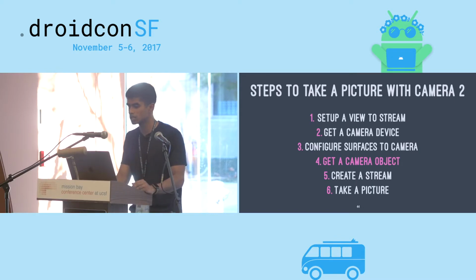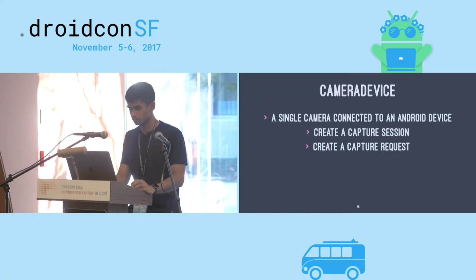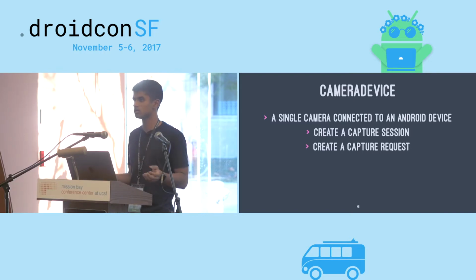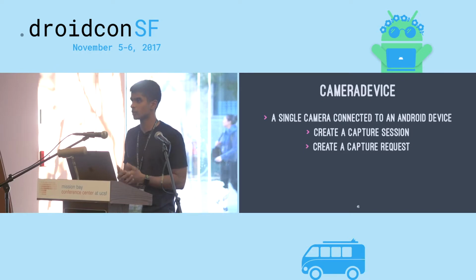Once that's ready, you want to get the surface for the image reader for the next step. So next, we want to get a camera object. When we get a camera object, it's basically a camera device. It's a single camera connected to your device, your Android phone. You can use it to create the capture session and create a capture request, basically.